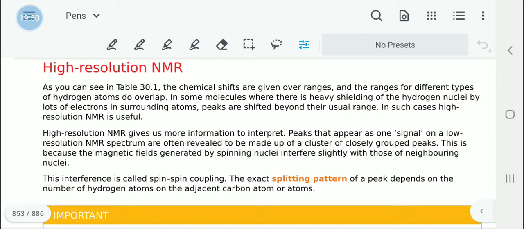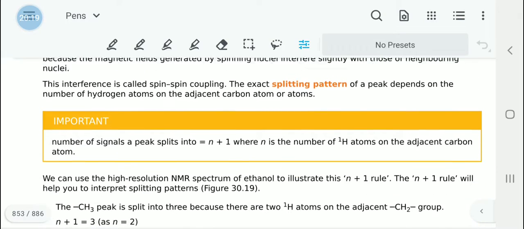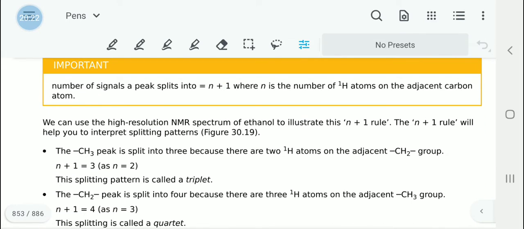we can identify specific clusters of grouped peaks that are dependent on the number of protons attached to the neighboring carbon.